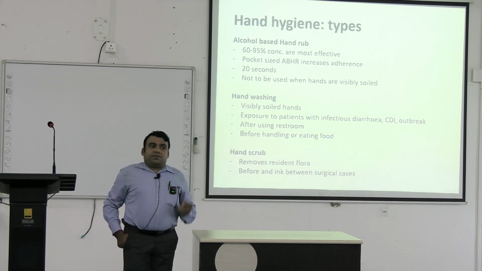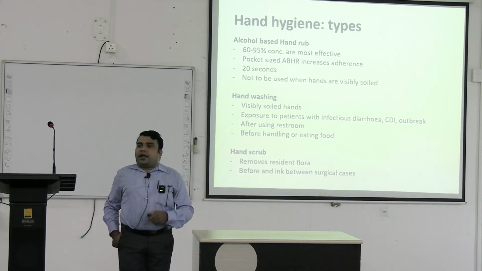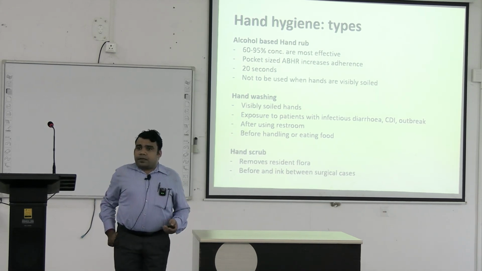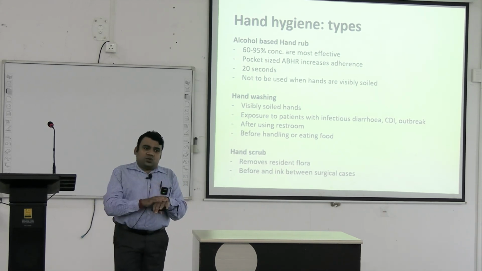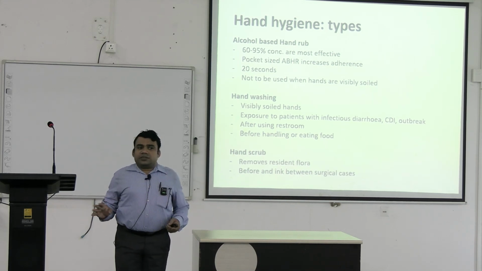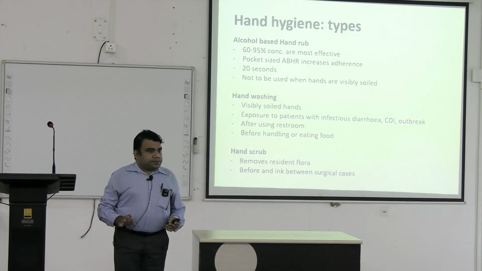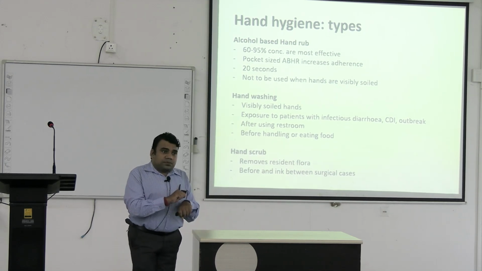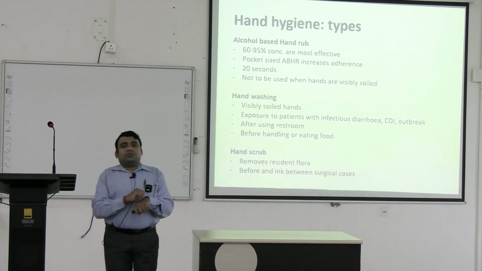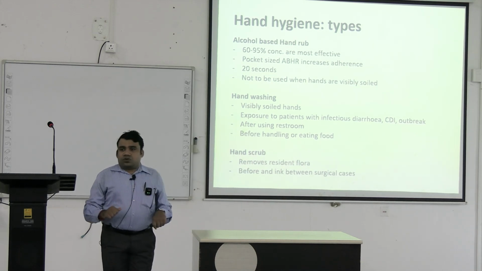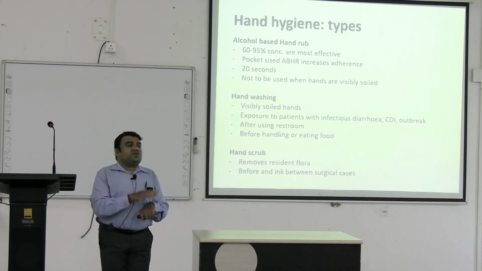The objective of washing your hands before surgery is to remove the resident flora. That means your hands will have microorganisms even after you wash your hands like you do normally. So surgeons need to scrub. That's why it's called scrub. Scrubbing means using soap, water, and mechanical force to remove the resident flora.